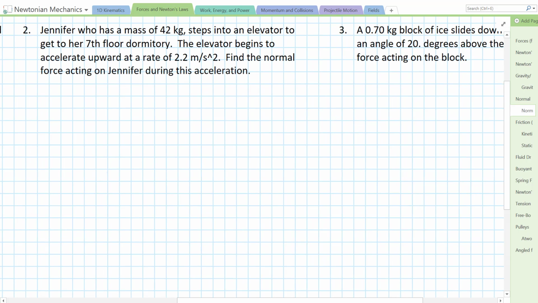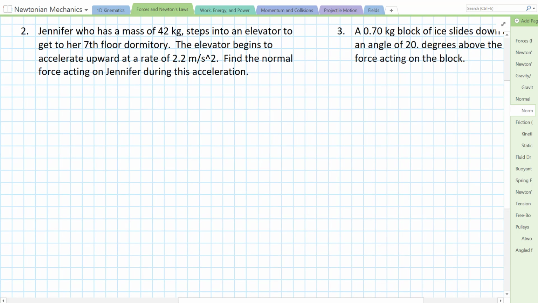Jennifer, who has a mass of 42 kilograms, steps into an elevator to get to her 7th floor dormitory. The elevator begins to accelerate upward at a rate of 2.2 meters per second squared. Find the normal force acting on Jennifer during the acceleration. Now keep in mind we are diagramming Jennifer.